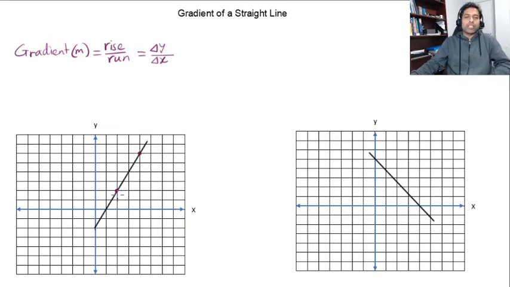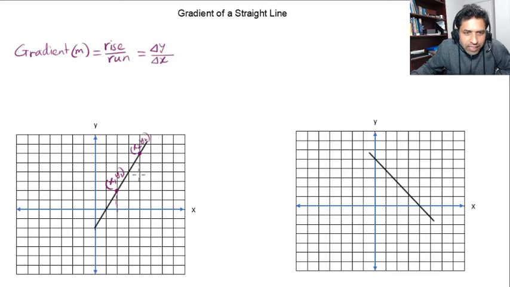So let's say I'm taking this point, which is x1 y1, and the other point is x2 y2. If I make a connecting line, it's a straight line obviously, and you can see how much it travels vertically and horizontally.